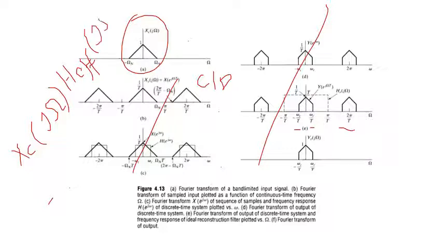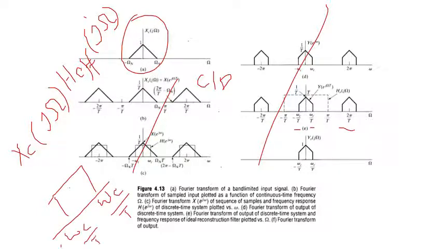We can apply directly this response. So what is H effective? If you go back to previous slide, H effective is just like this: ωc by t minus. So if I apply on this, I will get this output.